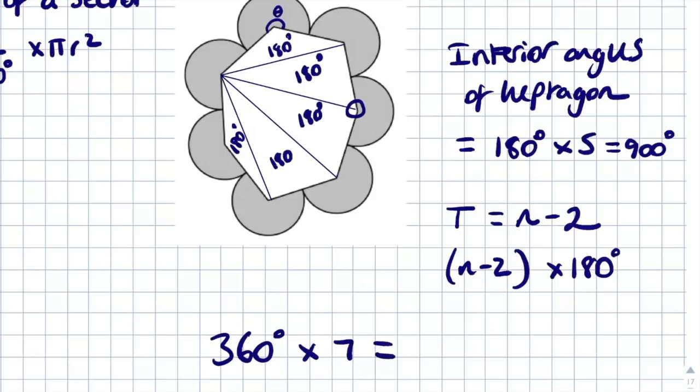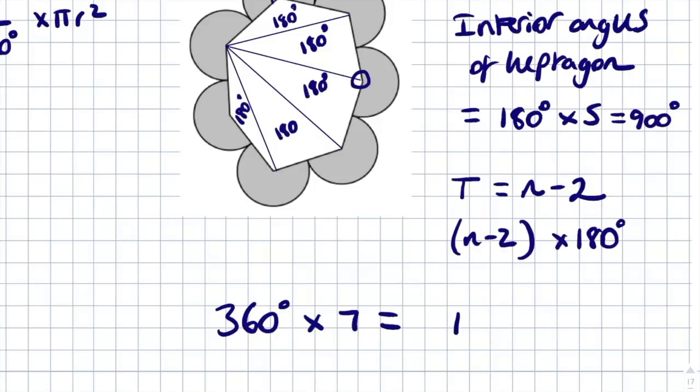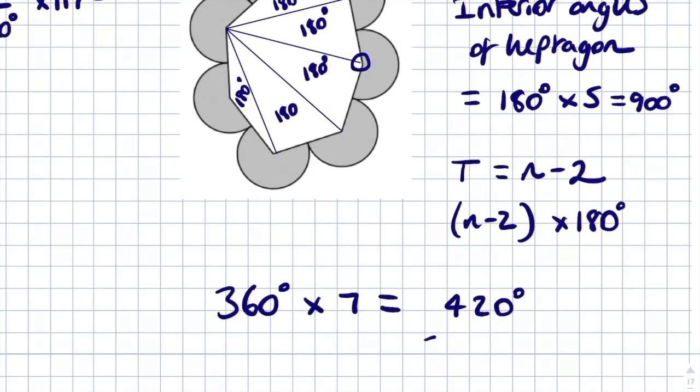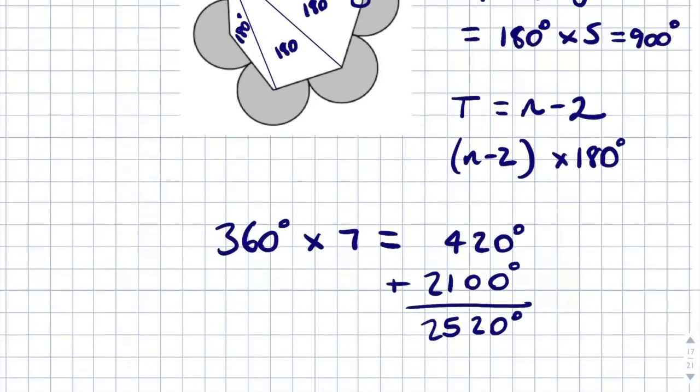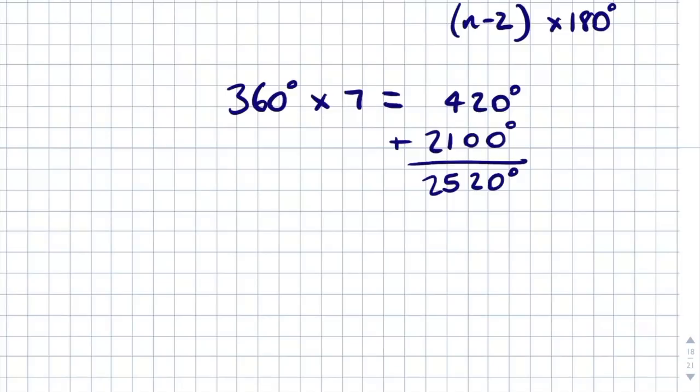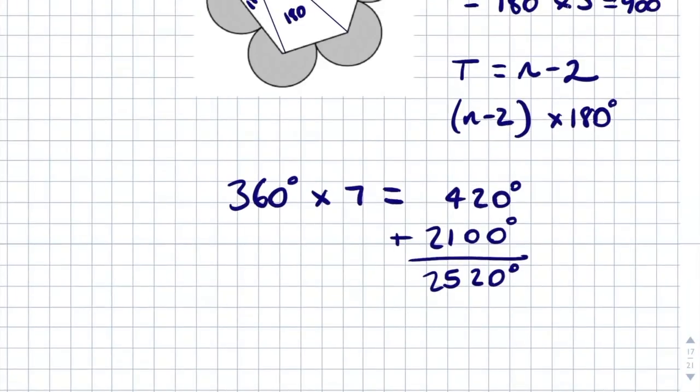Now 7 times 60 is 420, and then 7 times 300 is 2,100. So add those, we are going to get 2,520 degrees.